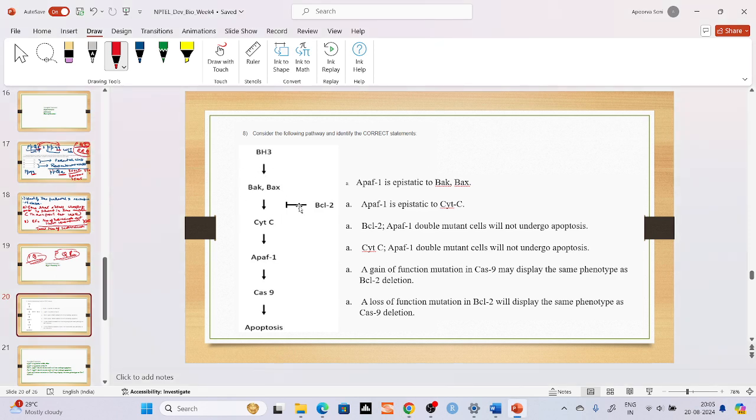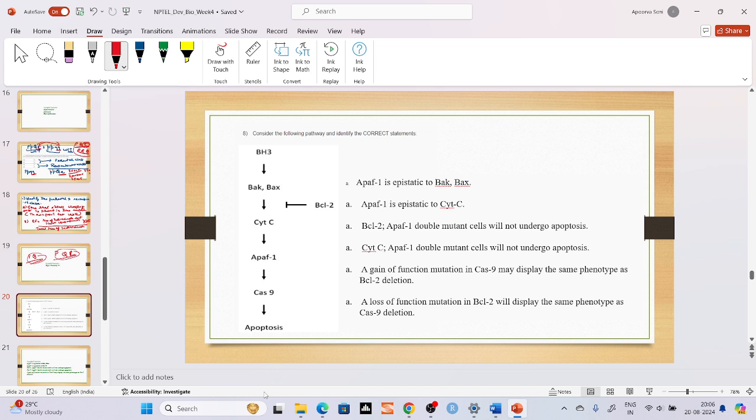They are giving a pathway, okay? So it's a pathway you can see. BH3 increases expression of or gives rise to BAK and BAX, then cytochrome C, then APAF1, then Cas9, and ultimately apoptosis. So it is the pathway of programmed cell death, or apoptosis as we say. In between, BCL2 inhibits this pathway.